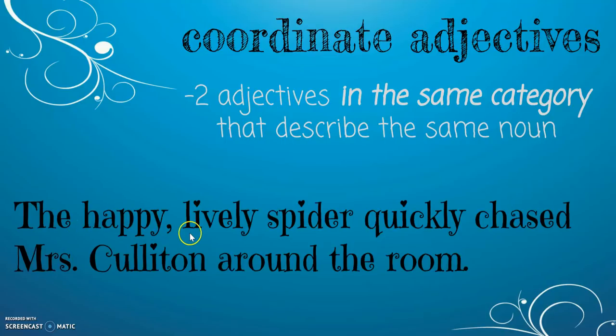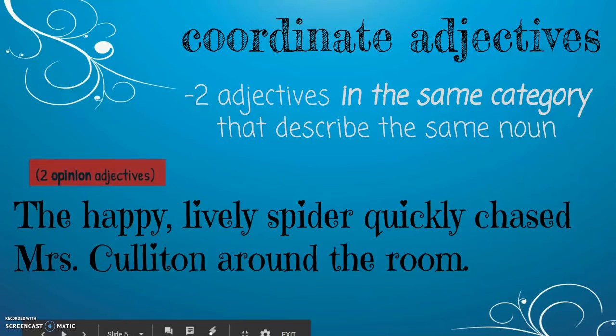So here I have 2 adjectives, and I would say these are both opinion adjectives describing this spider. The happy, lively spider quickly chased Mrs. Culleton around the room. Since both of these are within the same category, they're both opinion adjectives modifying the same noun, I should put a comma.